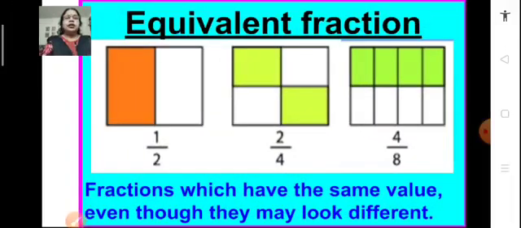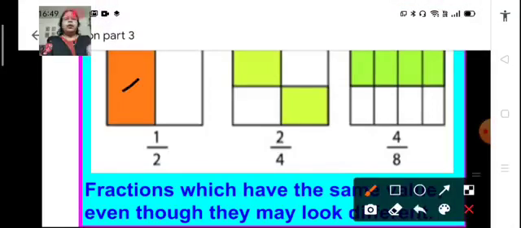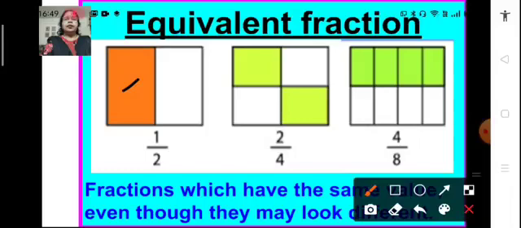Now coming to the next topic. What are equivalent fractions? Children, look at these pictures carefully. In the first figure, the figure is divided into two equal parts and only one part of the figure is shaded, which represents 1 out of 2 or 1 upon 2.